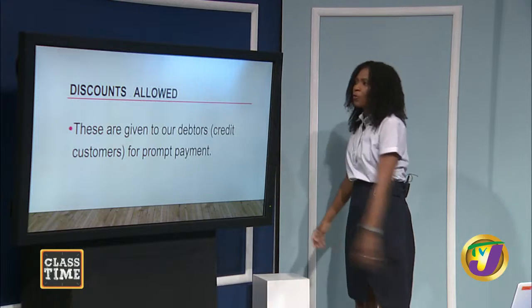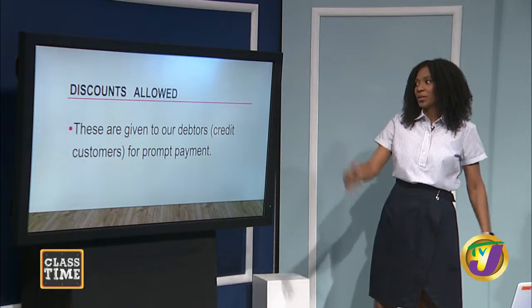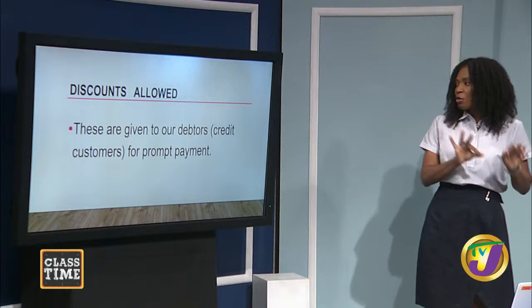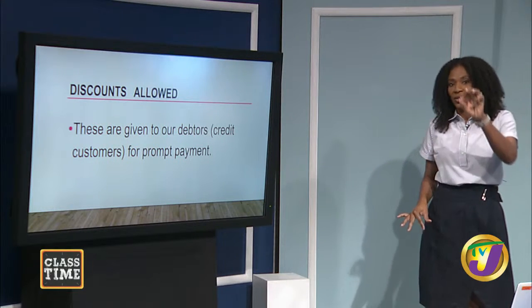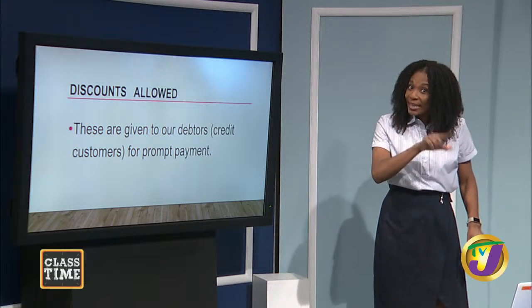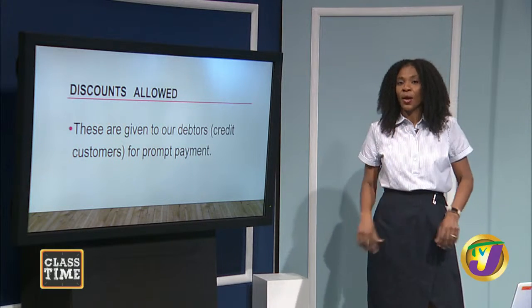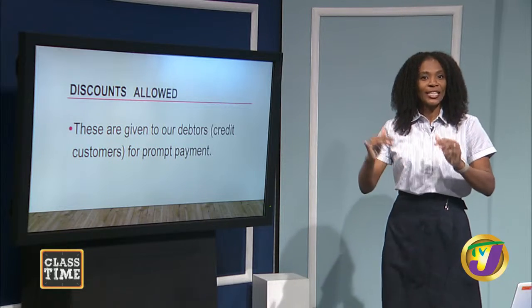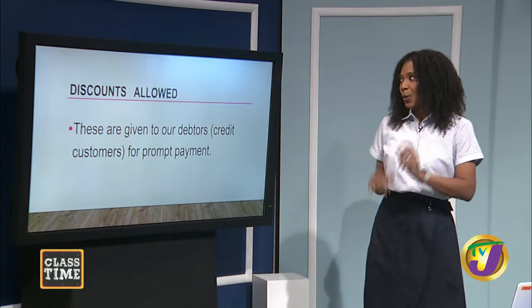The next one, of course, discount allowed. These are given to our debtors or our credit customers for prompt payment. Did Romy give Julie a discount? Yes, he allowed her a discount. So that is known as discount allowed.